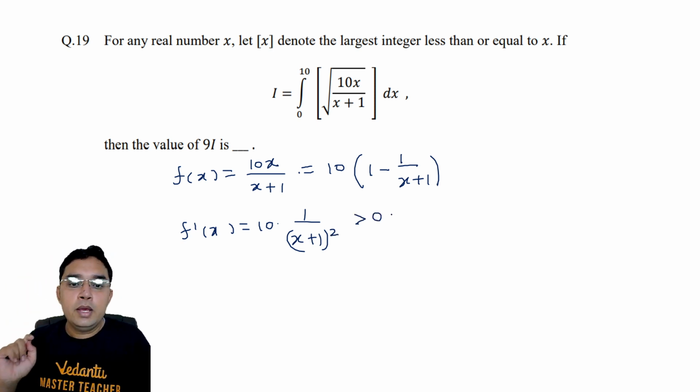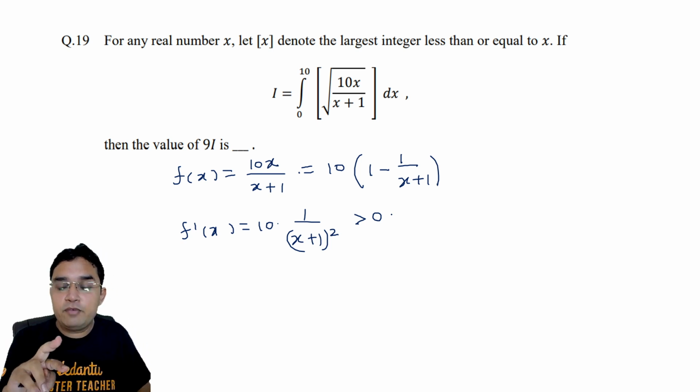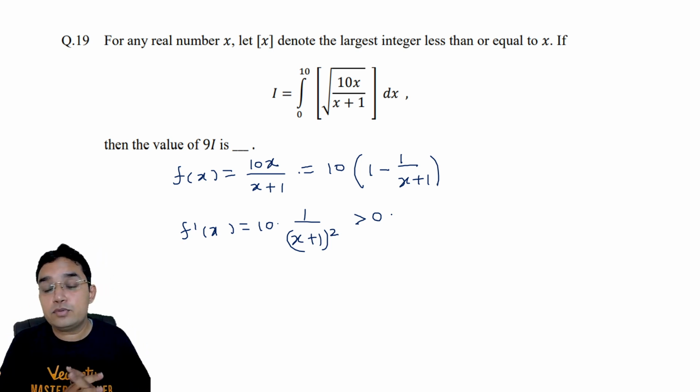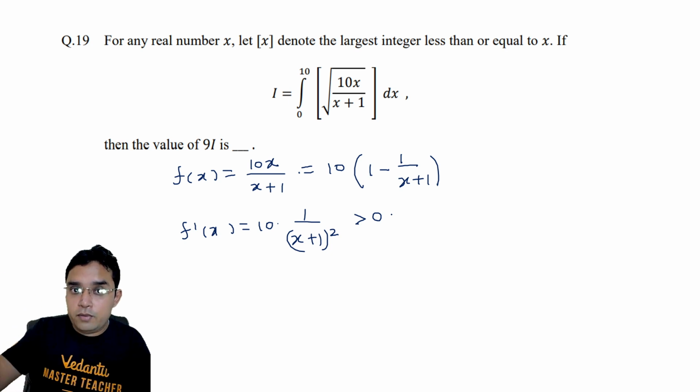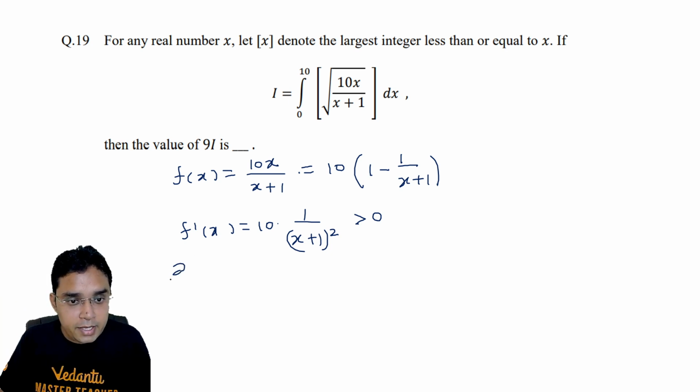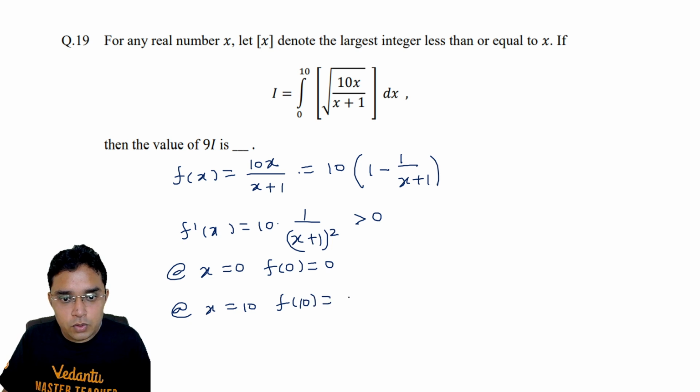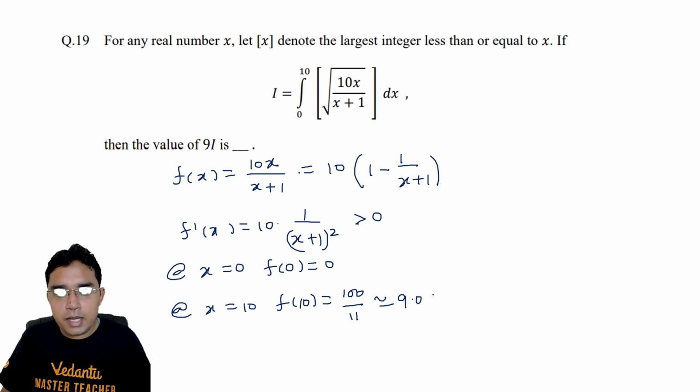And also this function is such that between 0 to 10 there is no point where it becomes not defined. So it will be continuous and increasing. Now at x equal to 0 we can check f(0) is 0, and at x equal to 10, f(10) is equal to 100/11, which will be 9.09 only.